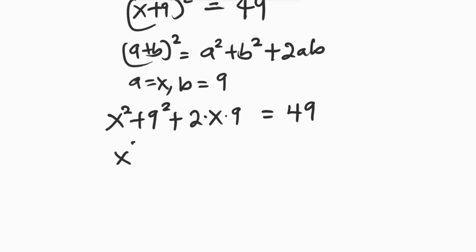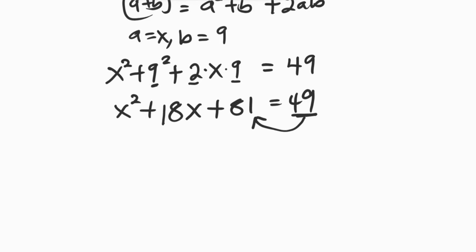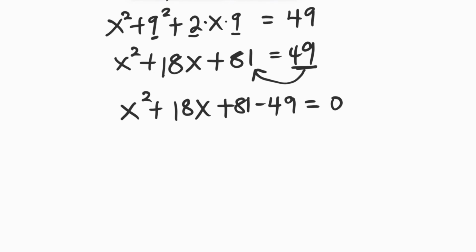So we have x squared plus 2 times 9 will give us 18x plus 9 squared will give us 81 equals 49. So we can move 49 over to the left hand side, and it turns from positive 49 to minus 49. So we have x squared plus 18x plus 81 minus 49 is equal to 0.